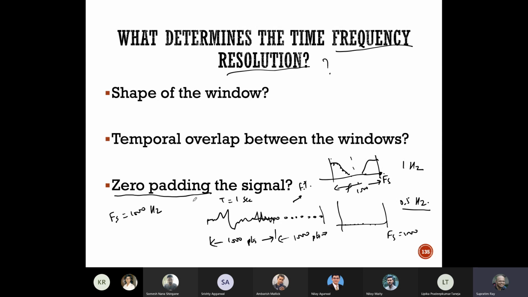So by the way, this technique is often used in signal processing. You will find that often a signal is padded with zeros. Now, there are two reasons why it is done. One is a rather genuine reason, which is that back in the days when this FFT algorithm was used, it was much faster when the number of samples was a power of 2.